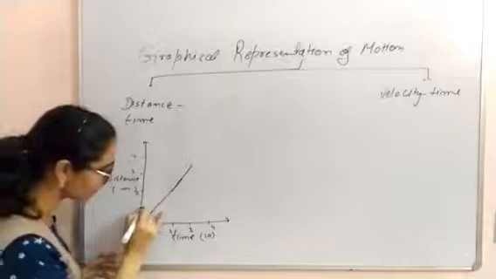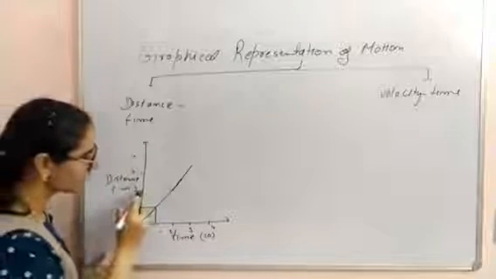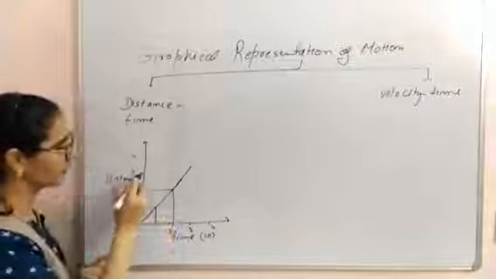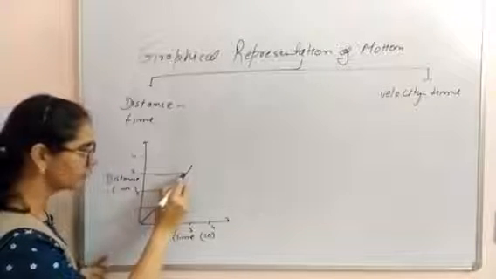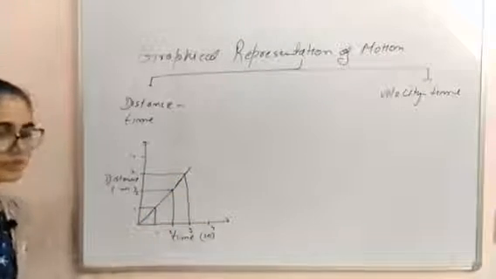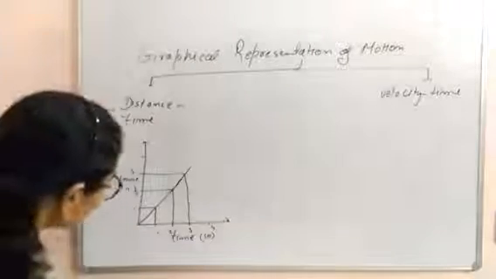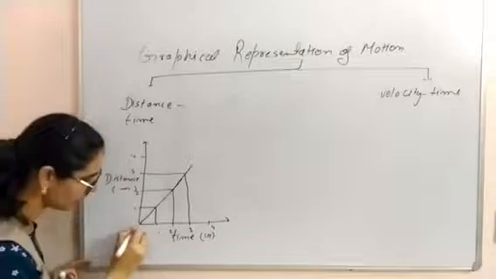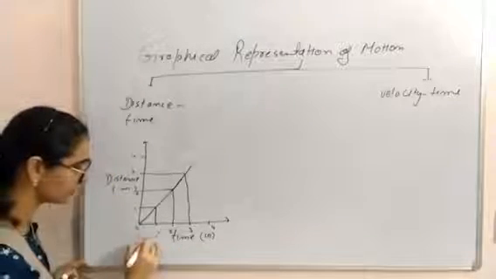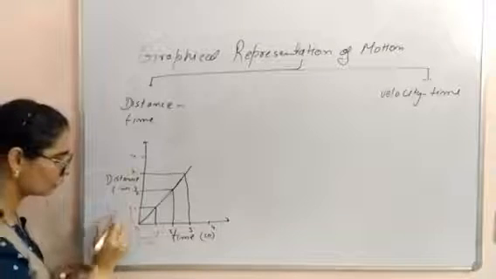The object covers 1 meter in its first second, 2 meters in its second, 3 meters in its third second, and 4 meters in its fourth second. On the axis, the interval from 0 to 1 is 1 second. In 1 second the object is moving 1 meter.